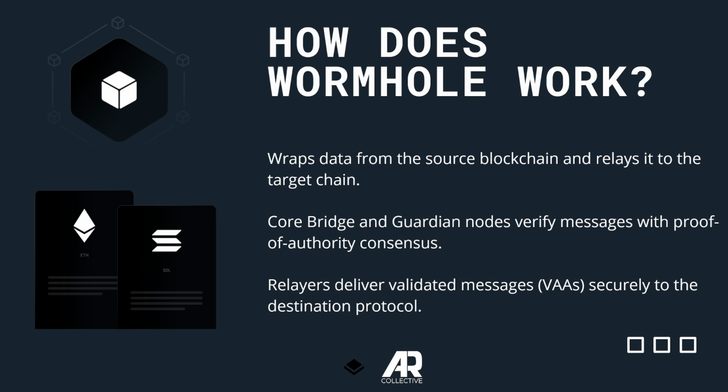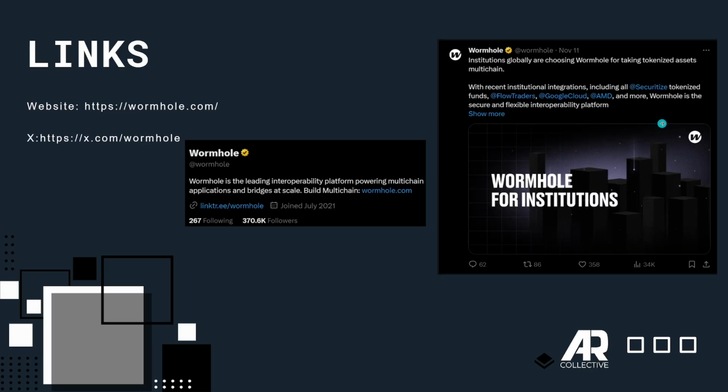This means Wormhole is pretty secure, as we can see, with 19 nodes securing the system. It's pretty awesome to see. Also, relayers handle message delivery without altering data, ensuring the integrity of verified action approvals (VAAs) as they reach the target protocol. So that's how Wormhole works.